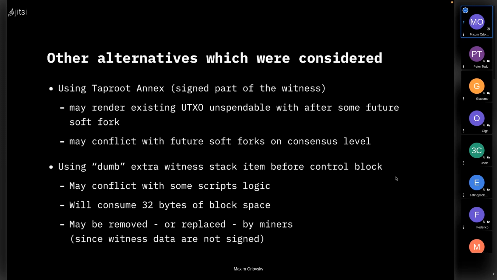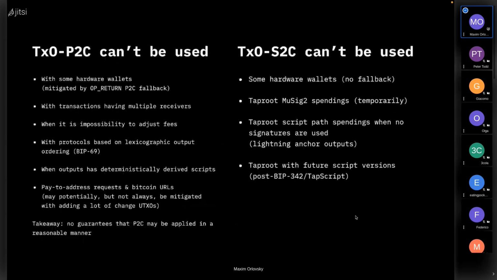And the worst part of that story is that because witness data are not signed when you create the spending transaction, this commitment may be removed, replaced or added by miners, and you will end up with miners being able to interfere with your single-use seals, which we don't want. Basically, no way to do that.